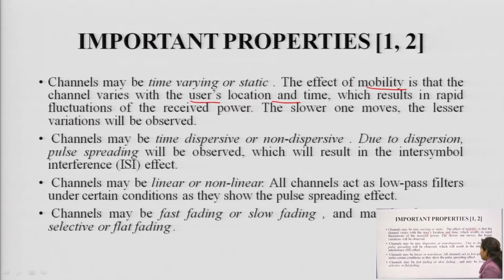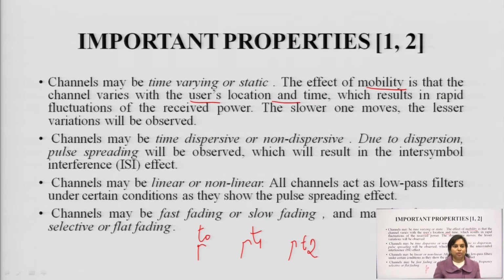Depending on the user's location, at time t naught the user will be present here, at t 1 the user will be present here, and at t 2 the user will be present here. So whatever signal is received here, here and here will change in time. So it will be time varying, or it can be static in nature.